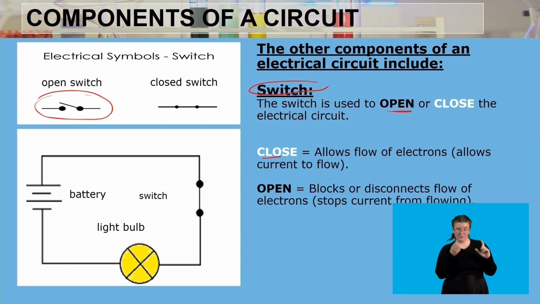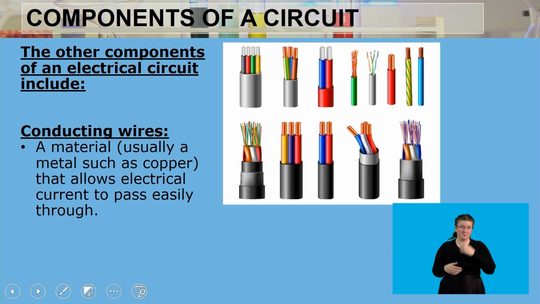As we can see from the picture here, once the switch is closed, the light bulb is able to emit light. However, once the switch is open, the light bulb switches off because there's a disconnection. The electrons or the current are not able to move from this point to the other point if the switch is open, and if the switch is closed, then the electrical current is able to move from one point to the other.